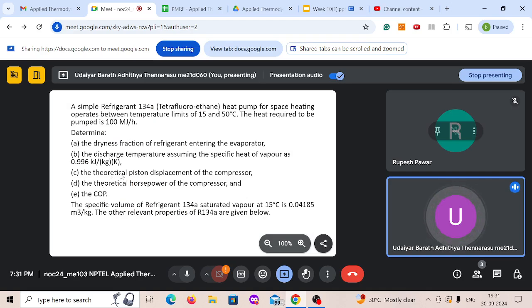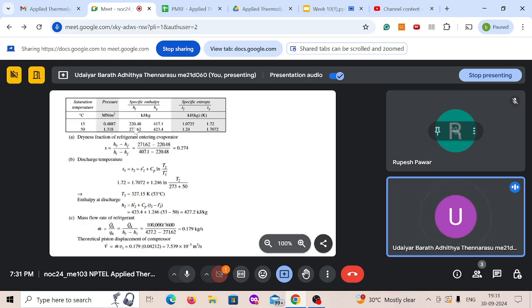The heat is 100 megajoule per hour, so 100,000 divided by 3600 to convert it into per second, divided by H2 minus H3, because in a heat pump we have to take it across the condenser. So 427.2 minus 271.62 will give you 0.179 kg per second.